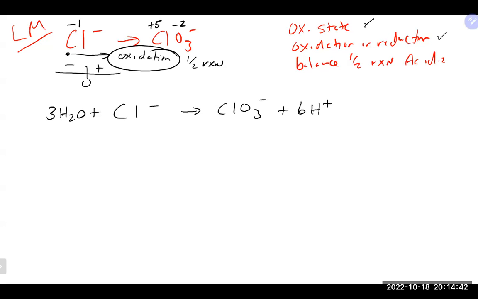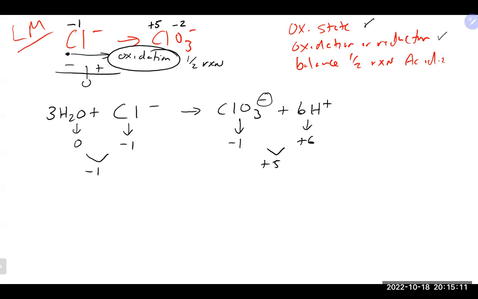And the last thing we do before we add them together is add the electrons. So that's what we would want to do here. Left-hand side, this guy is contributing 0. This guy is contributing -1. This guy is contributing -1. And this guy is contributing 6 times +1, which is +6. That means the right-hand side has a +5. Left-hand side has a -1.